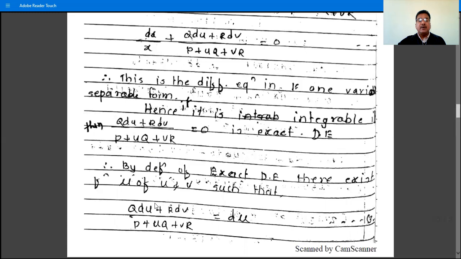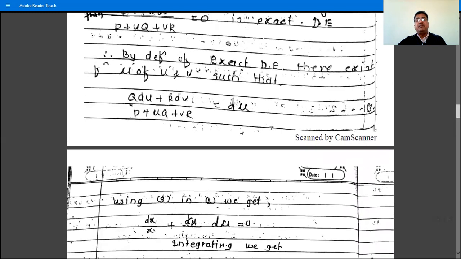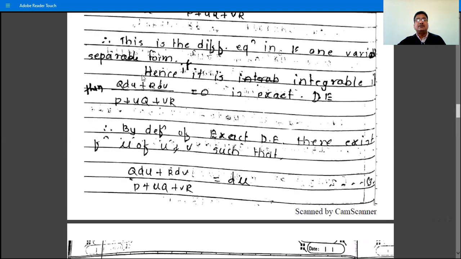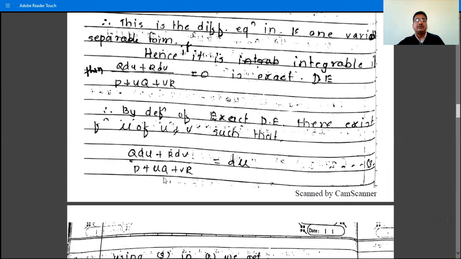Here the variables are u and v, so mu is a function of u and v, such that the complete derivative of mu is the part (q du plus r dv) divided by (p plus uq plus vr), because this is a differential equation in u and v. That's why we have some function mu of u and v, such that its complete derivative is this part.